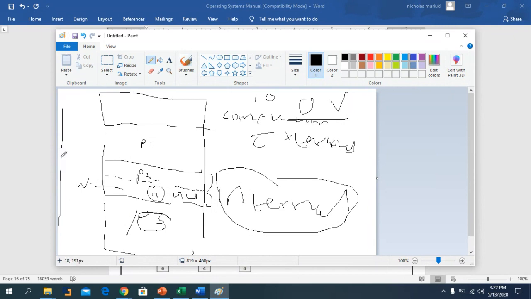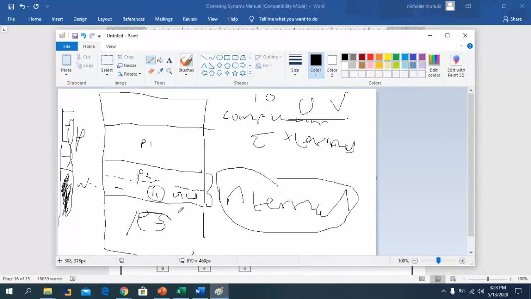So if process 1 has already completed, we are having a memory of processes here, but we are left with a memory here, which can be utilized for another execution. So compaction is a method of bringing the processes together and the memories together to allow other processes to execute.